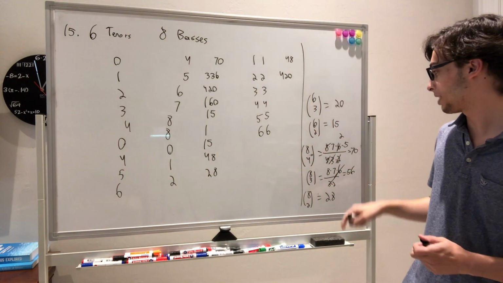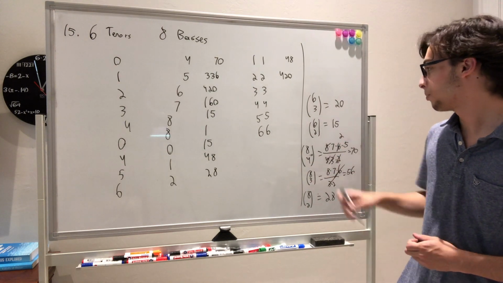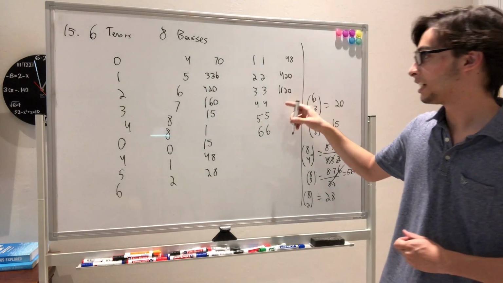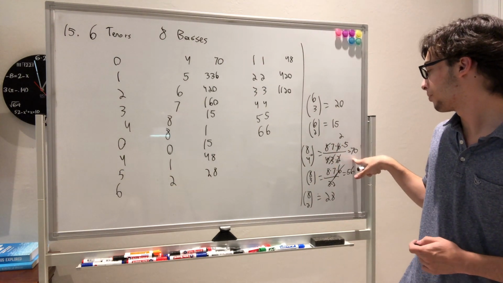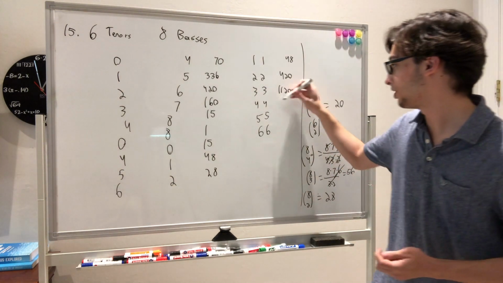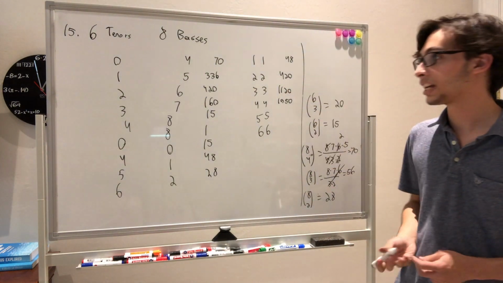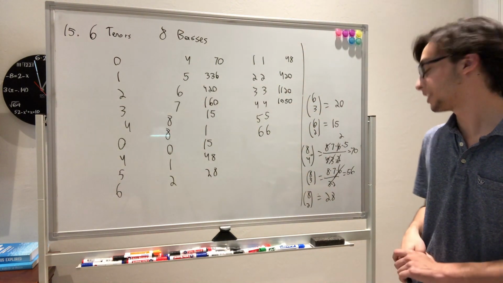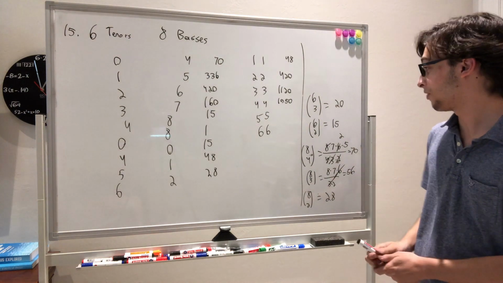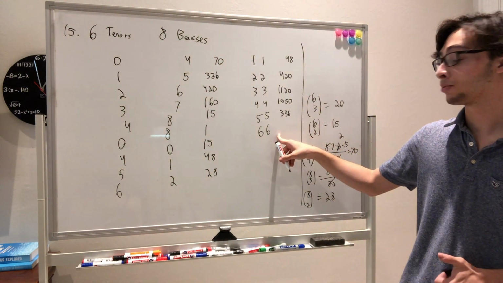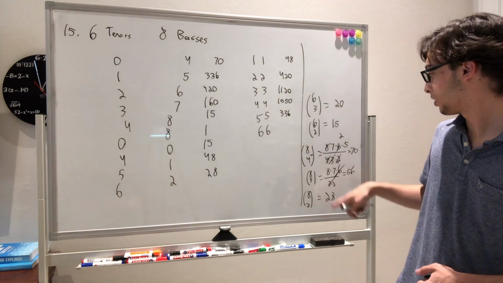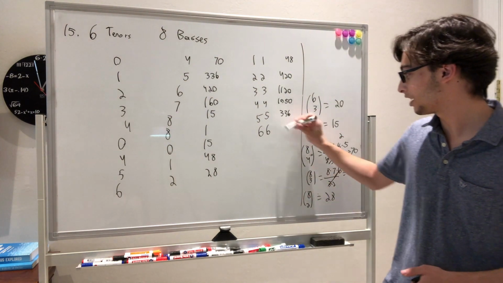Then 6 choose 3 times 8 choose 3 is 56 times 20, which is 1120. Now you have 6 choose 4 times 8 choose 4, so 15 times 70, which is 1050. Now you have 6 choose 5 times 8 choose 5, which is 6 times 56, which is 336. And then we have 6 choose 6, which is 1, times 8 choose 6, which is the same thing as 8 choose 2, which is 28.